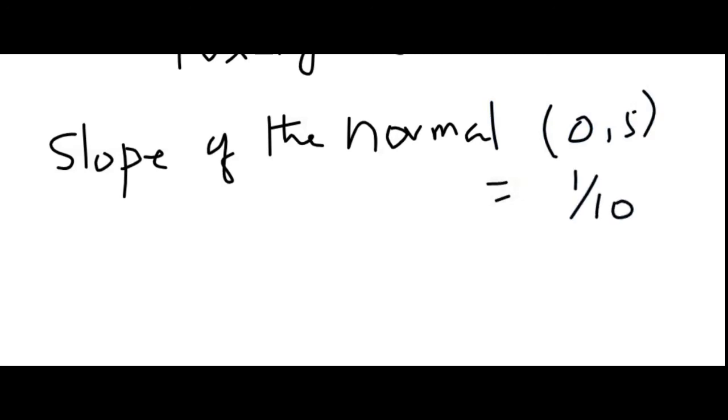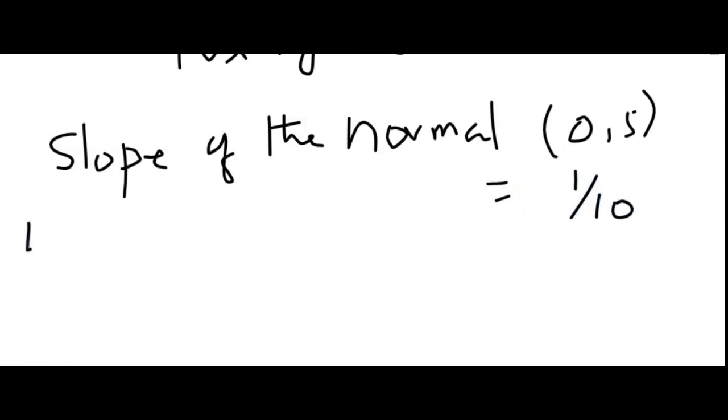Equation of the normal. Now, the slope of the normal at 0, 5 is 1 by 10.